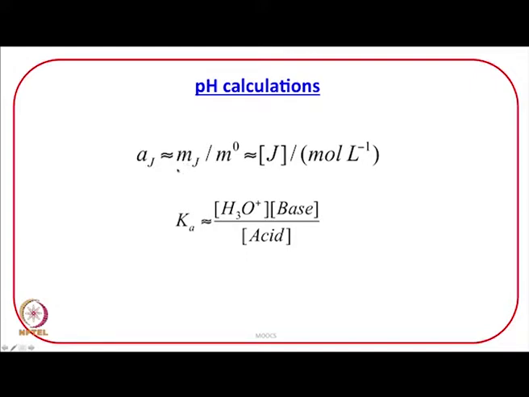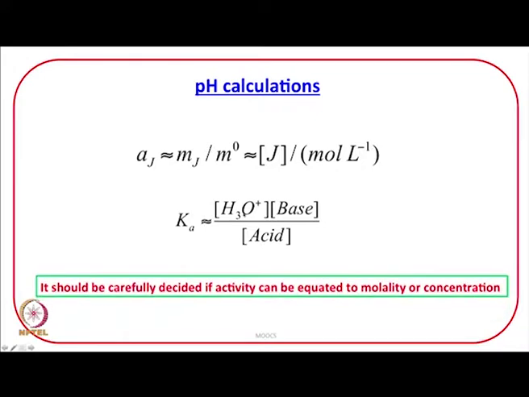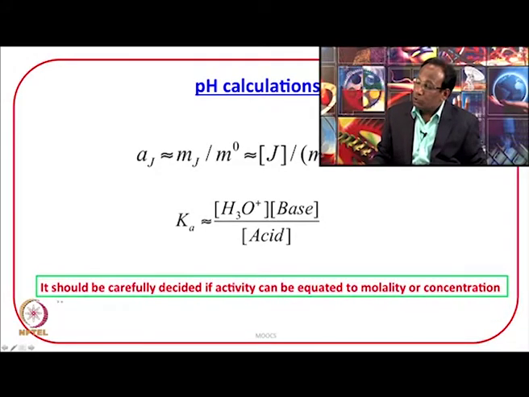If that assumption is valid, then activities can be replaced by the concentrations and Ka can be expressed in the form of concentrations. And that is what is commented over there. It should be carefully decided if activity can be equated to molality or concentration or not.